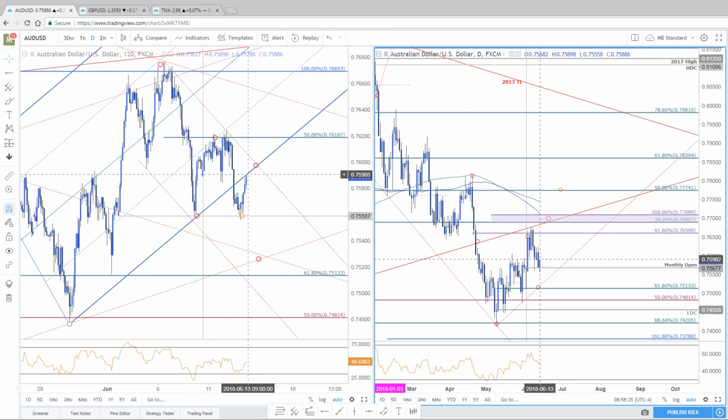Here's the check of resistance and the weekly open. So if we're going to move lower in Aussie, you want to start to see this thing peter out ahead of the 76 handle. That's confluence resistance here over the next couple of hours. Obviously, if we break 76.19, again, that's just an objective weekly opening range break. So we would be wrong on the downside.